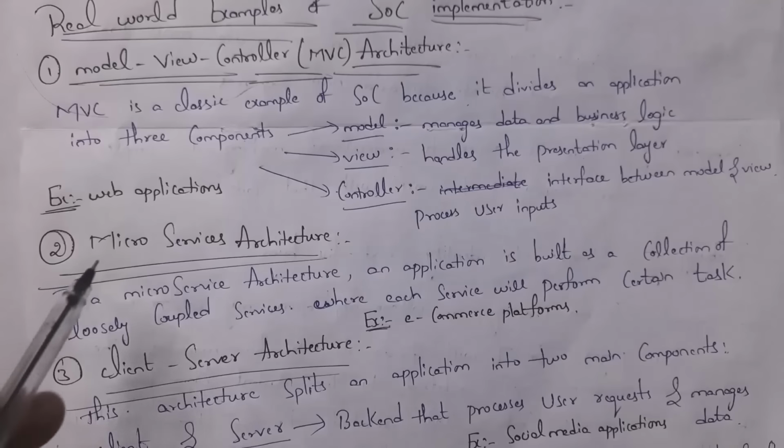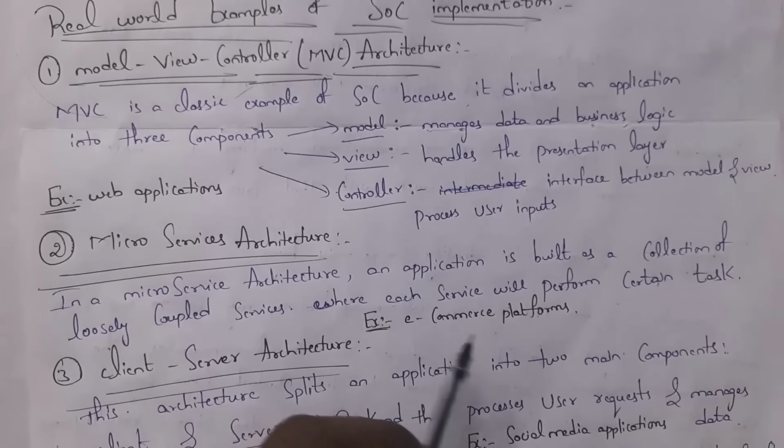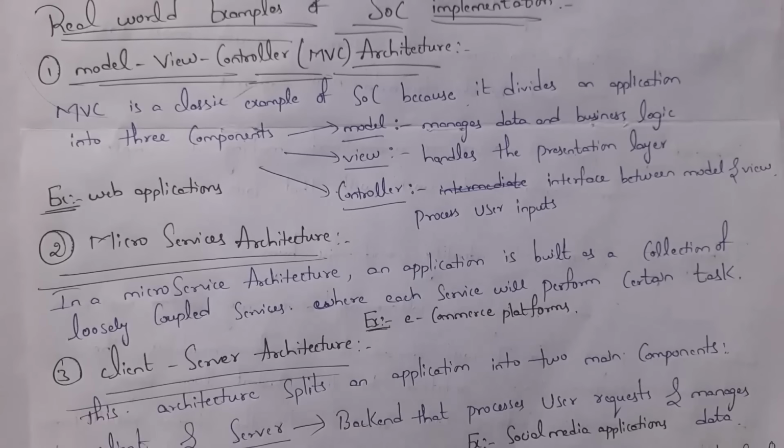The next example is microservices architecture. Microservices architecture also follows separation of concerns because in microservice architecture, we break our application into various parts based on the services, as each service performs certain tasks. E-commerce websites and applications are examples of microservice architecture. And the third one is client server architecture.